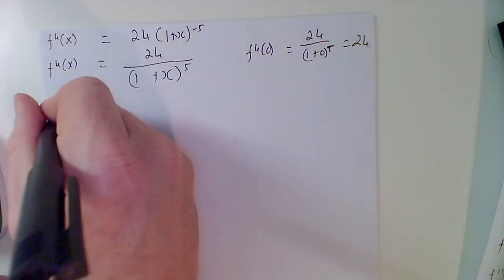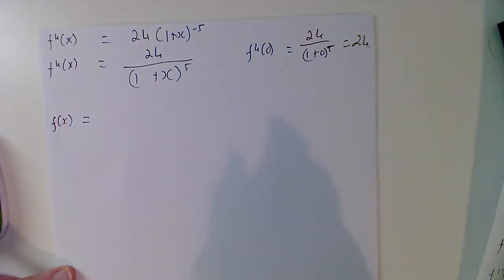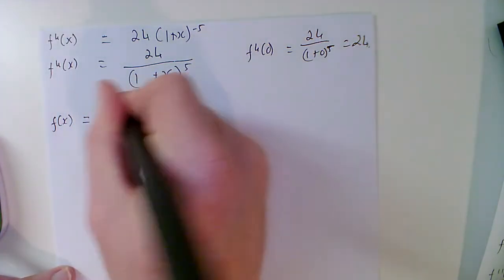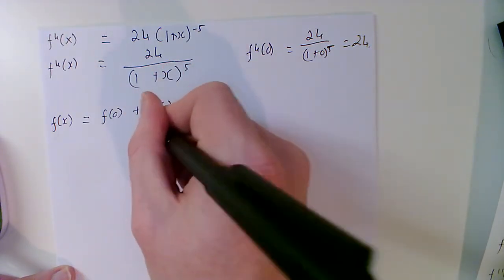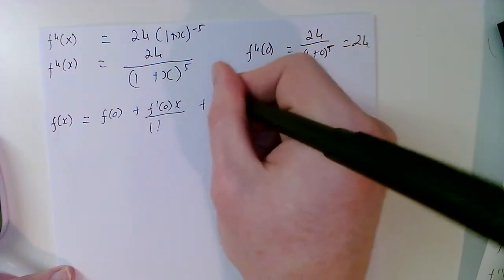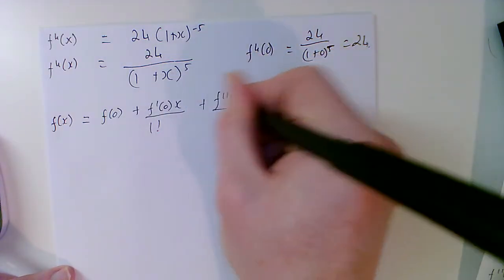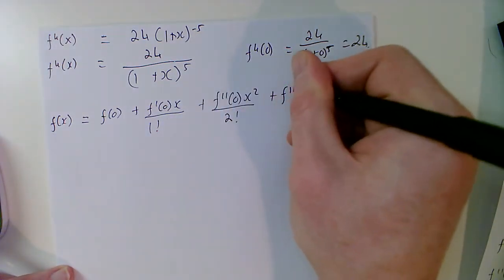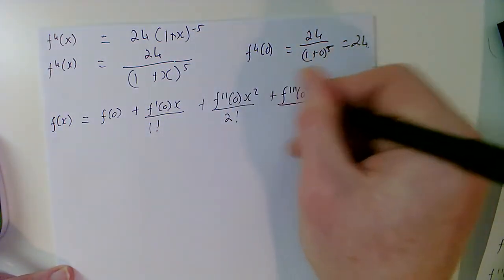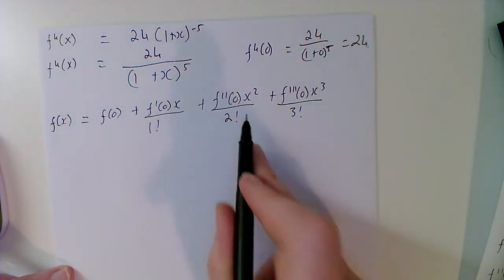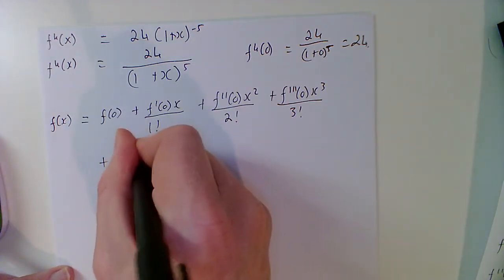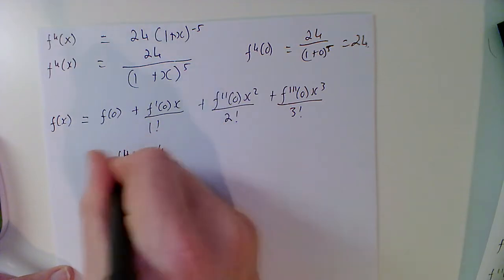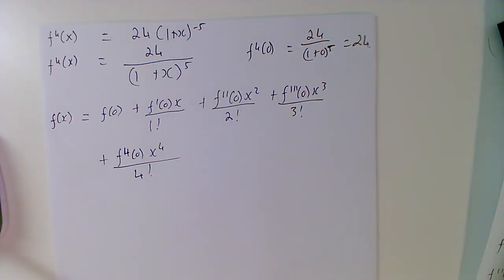Right, so your formula f of x is equal to f of 0 plus f dashed of 0 x over 1 factorial plus f double dashed of 0 x squared over 2 factorial plus f triple dashed of 0 x cubed over 3 factorial. 1, 2, 3, 4, 5 terms, f fourth derivative of 0, x to the power of 4 over 4 factorial. That's my formula. Now I'm going to substitute in my numbers.